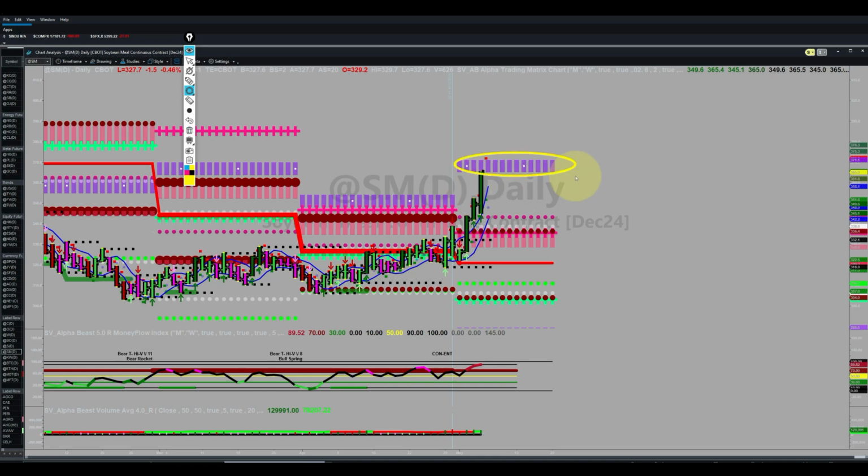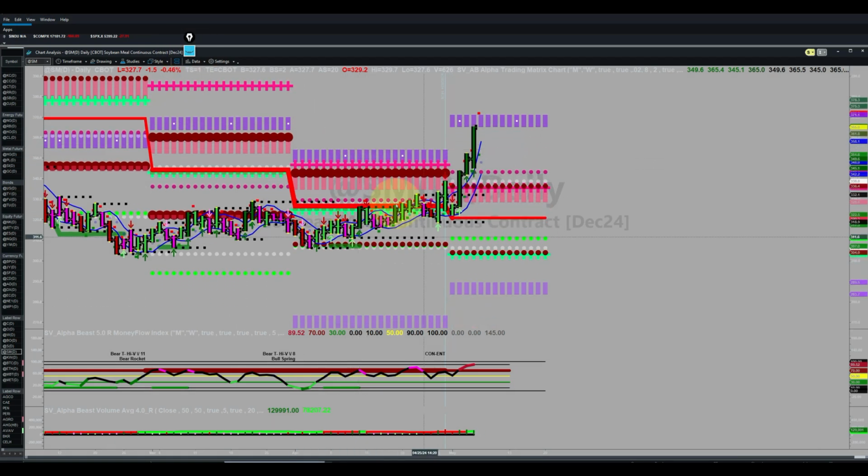Okay, there you go. This purple zone is considered an exhaust. Anytime you see these above you, it's an exhaust, and it's going to send the price back down. And if they're below you, they're going to, let me show you. Anytime they're below, they're going to send the price back up, okay, down here.